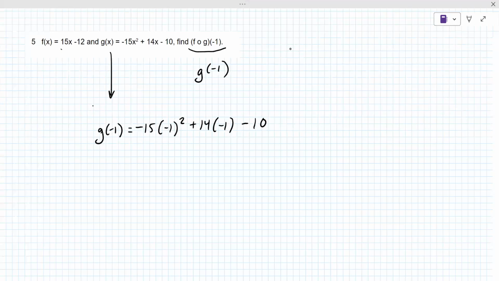Okay, wherever you see an x, that's what function notation means. You substitute in. I'd always do it in parentheses. Could you calculate this for us, please? Yeah, sure.